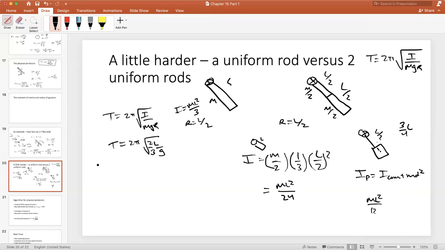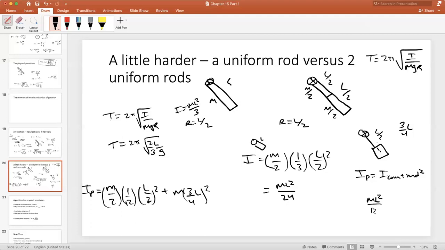So let's do this for this guy, remembering that mass is M over 2 and L is L over 2. So this would be M over 2 times 1/12 times L over 2 squared, plus md squared. And d is going to be 3/4 L squared.